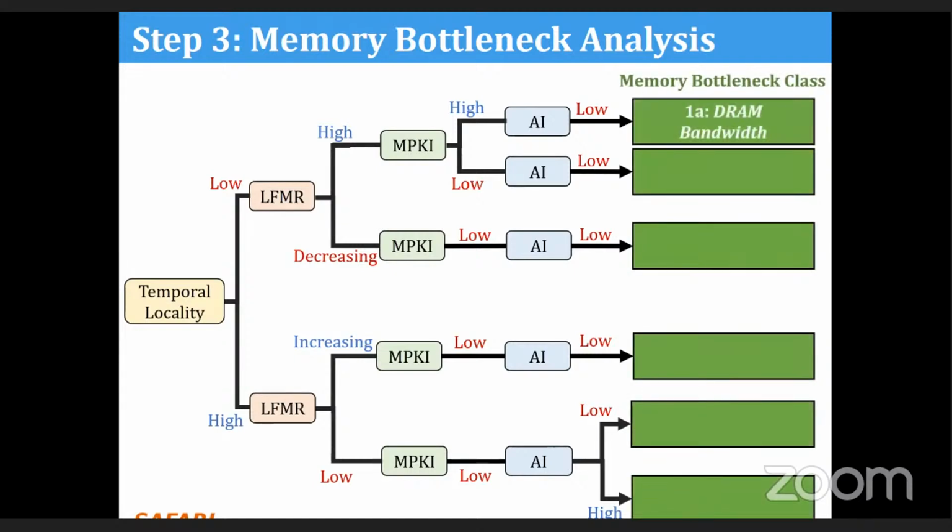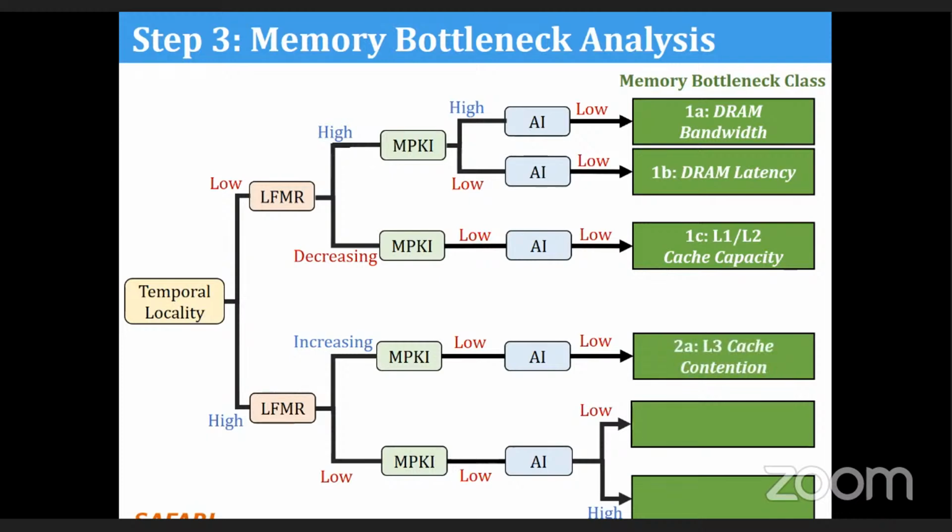The first class is applications that are DRAM bandwidth bound. So in the host execution, they are essentially bottlenecked by not obtaining enough bandwidth from memory. In other cases, they are latency bound. In other cases, the capacity of L1 and L2 is too limited to mitigate the data movement enough.